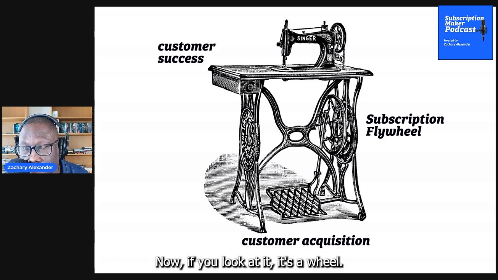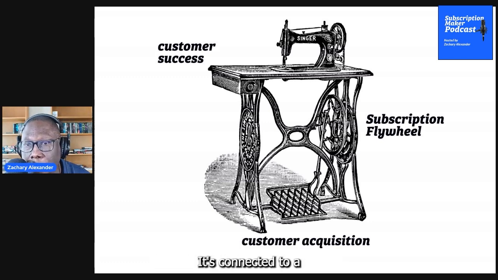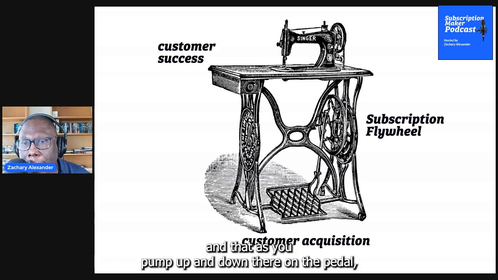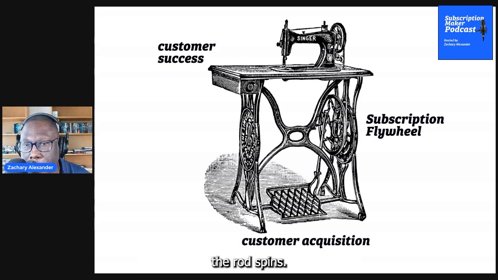Now, if you look at it, it's a wheel. It's connected to basically a lever or a rod, as you would know if you were into cars, and as you pump up and down on the pedal, the rod spins.